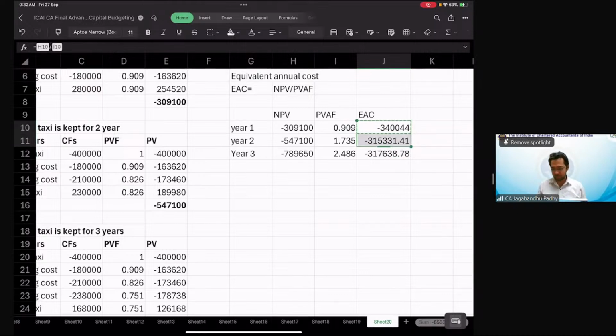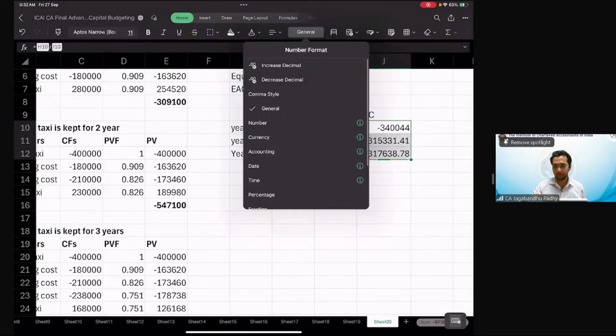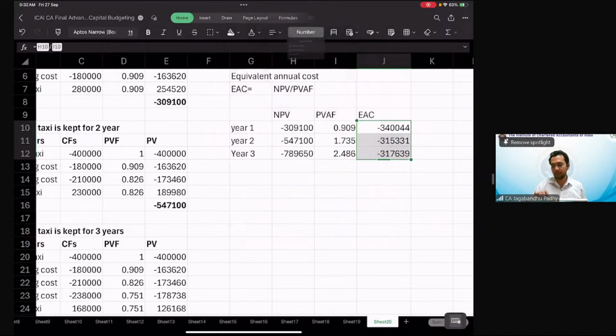Now, when we look at these numbers, we have this equivalent annual cost. Based on this, we can take a call when we should replace the taxi. If you replace the taxi every year, your annual cost on an average is 3,40,000.